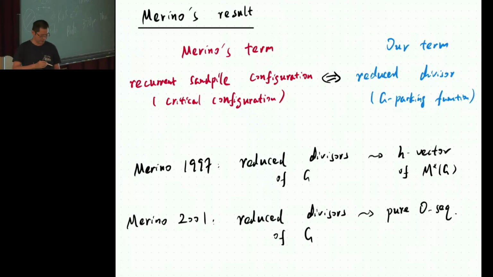Now I can rephrase Marino's result in this way. He first proves that for all the reduced divisors of G, if you do the statistics and just count, this will give us the h-vector of the cographic matroid. Then he proved that the reduced divisors give us a pure O-sequence. So this proves the conjecture for the cographic case.